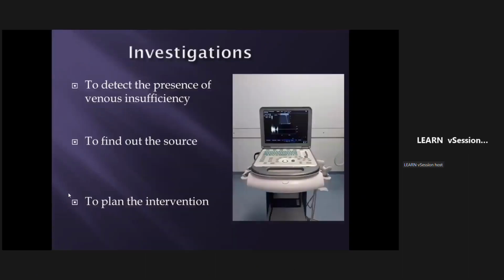Right. So all these findings and the etiology and the pathology could be demonstrated with this machine. What is this machine? This is an ultrasound machine with Doppler, so a duplex scan. Have you all seen this duplex machine? Yes, sir.